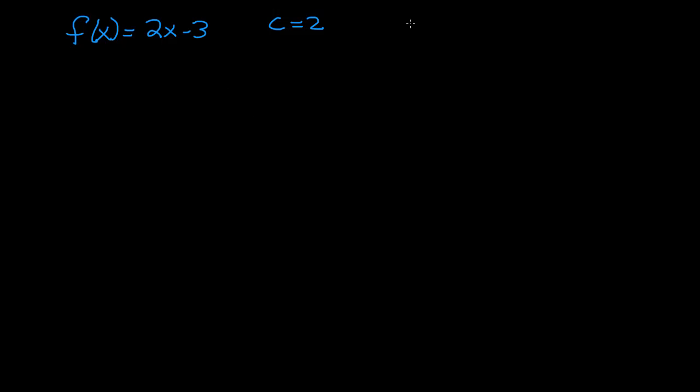Our definition was that the slope of the tangent line, so let's call it m sub tan, equals the limit as delta x goes to 0 of the difference quotient f of c plus delta x minus f of c all over delta x.